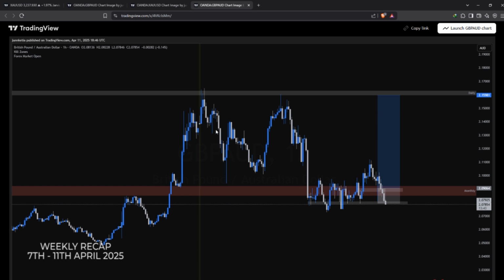The initial first trade was going against the trend, and the second trade is actually moving with the trend. And this trade had the highest probability because price had returned to the monthly level, and so trading upwards was the best idea.